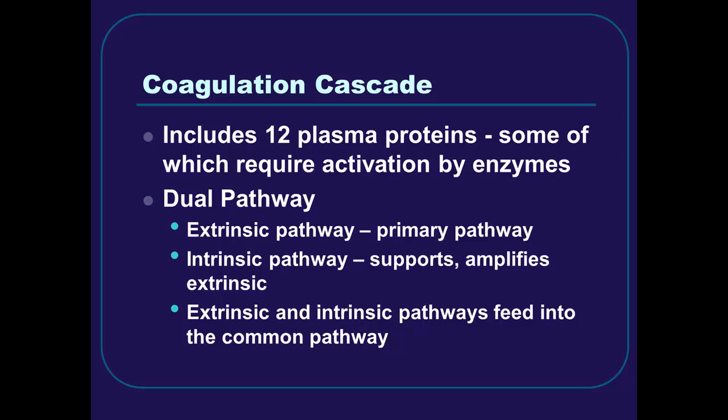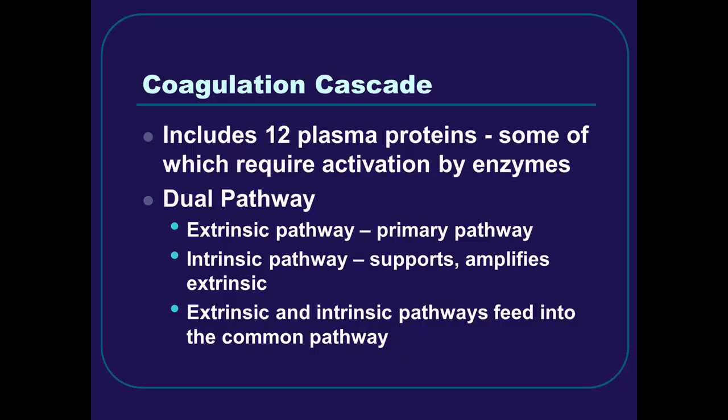We measure this pathway by the activated partial thromboplastin time, or the APTT. Now, commonly we just refer to this as the PTT, and we leave that little a out, but remember that'll help you remember that this is the intrinsic pathway. We also remember from our normal physiology, rather, that the extrinsic and the intrinsic pathway join and feed into the common pathway.